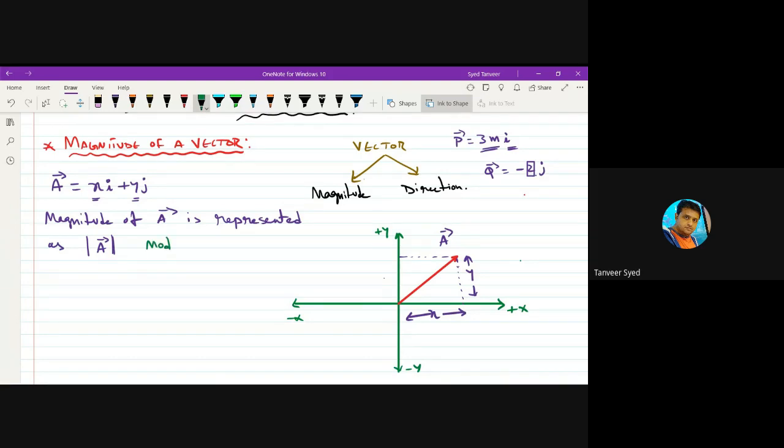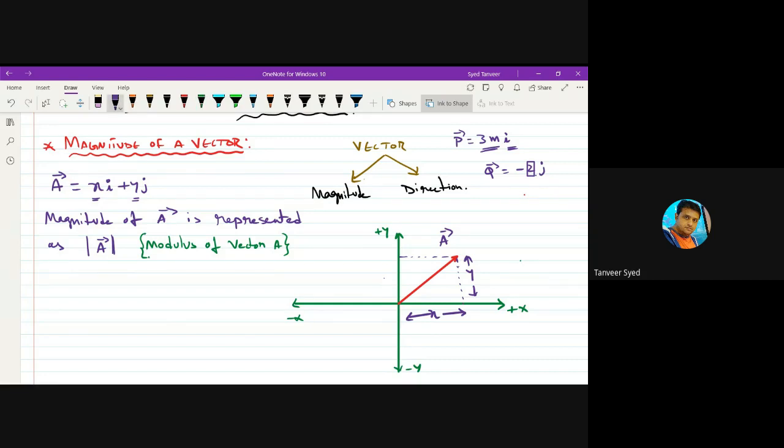Mod, or its complete form, modulus. Modulus of vector A, or in short, mod A. If you put a vector quantity between two lines like this, it indicates that you are writing its magnitude.